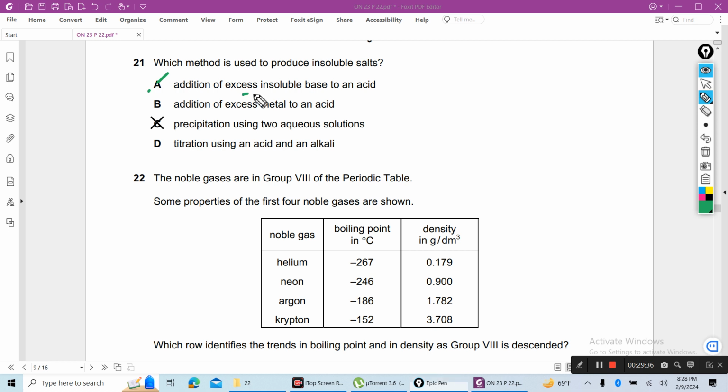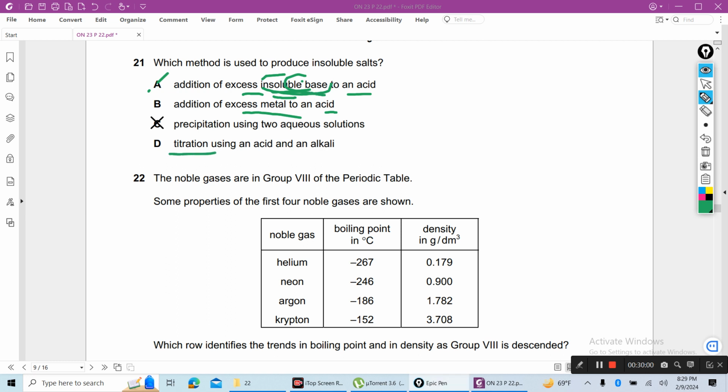Why? Excess insoluble base to an acid, this needs heat. Excess metal to acid, this needs heat, and the excess acid or excess base has to be removed by filtration.